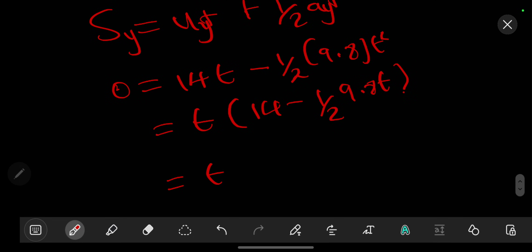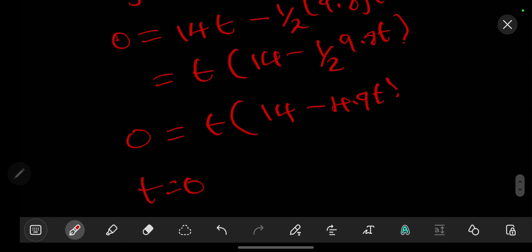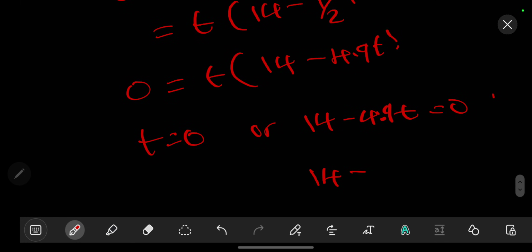So this is going to give us t times 14 minus 4.9 t, since half of 9.8 gives us 4.9. So our t is equal to 0 at the point of projection, or 14 minus 4.9t should be equal to 0. Taking the 4.9t the other side, we have 14 equal to 4.9t.